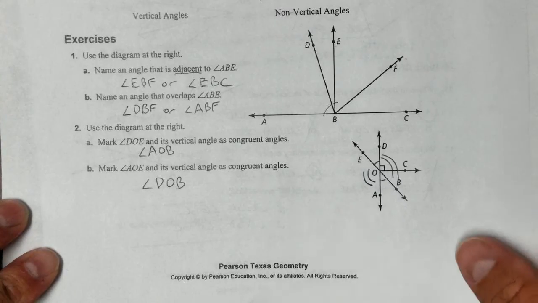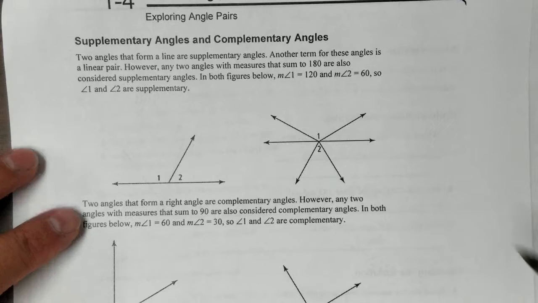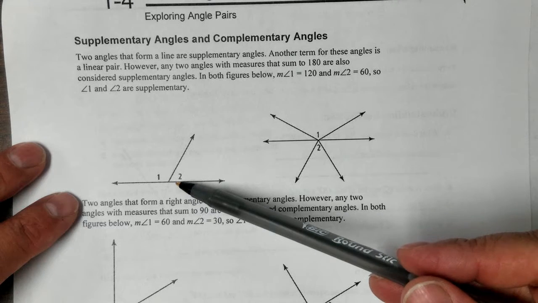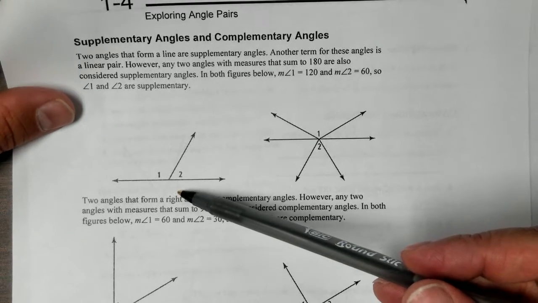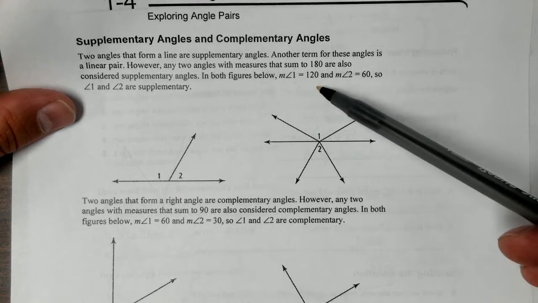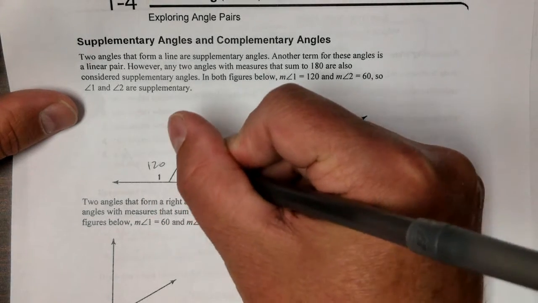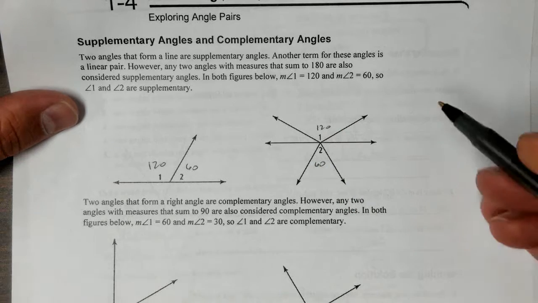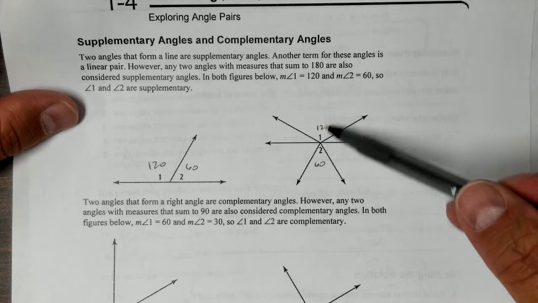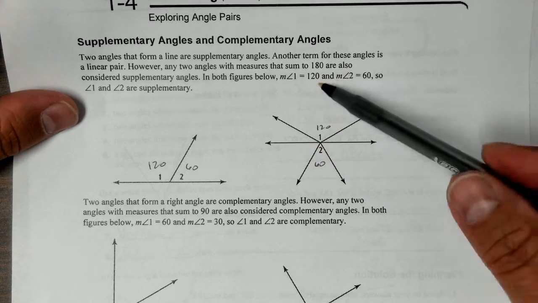All right, very well. Now let's go to this part. And here you can see about supplementary angles. And it says in both figures, you got 120 and 60. So these were not vertical angles, but they actually were supplementary in this case because of the numbers involved.